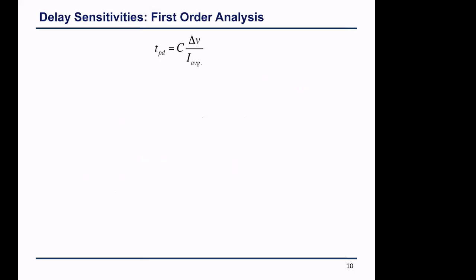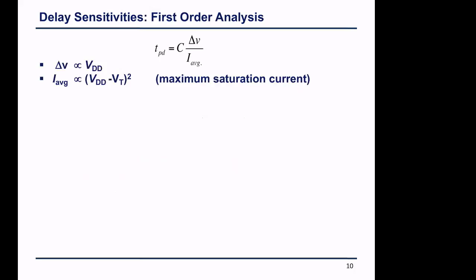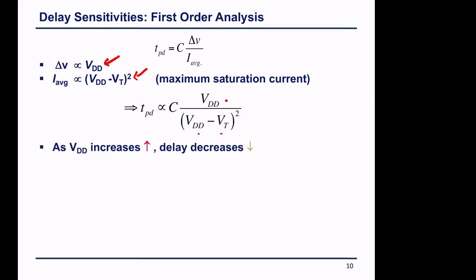Great. So if we plug in all the information, the delta V is proportional to VDD. The current more or less will be a saturation region current, because towards the end the NMOS pulls the output fully and it goes to the linear region, and therefore the delay is proportional to C VDD over VDD minus VT squared.